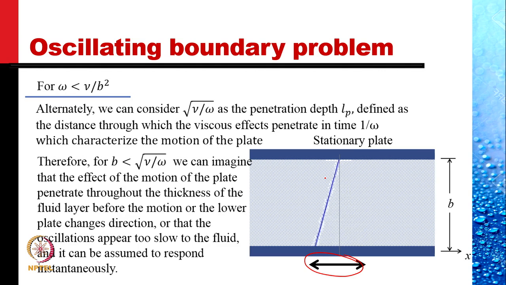Therefore, for B less than under root nu by omega, we can imagine that the effect of the motion of the plate penetrates throughout the thickness of the fluid layer before the motion of the lower plate changes direction, or that the oscillation appears too slow to the fluid and it can be assumed to respond instantaneously.